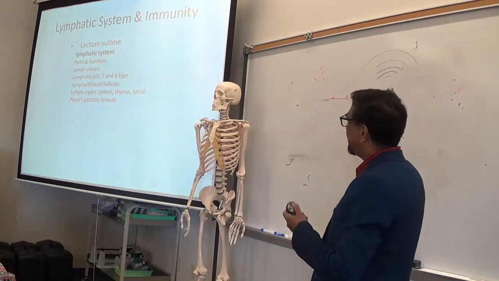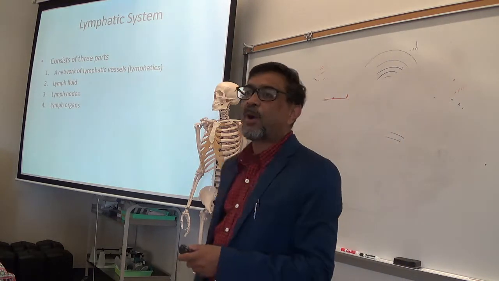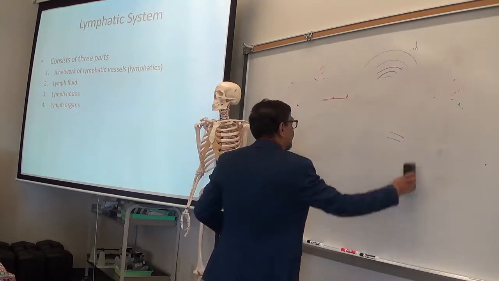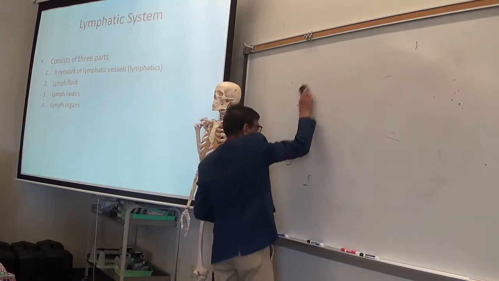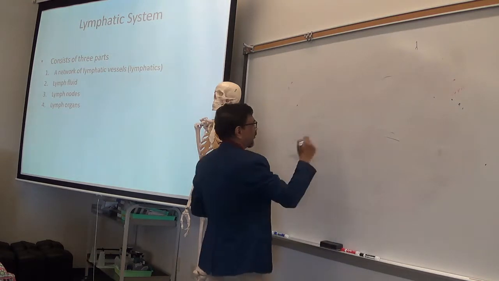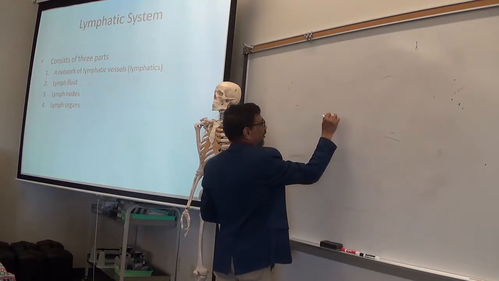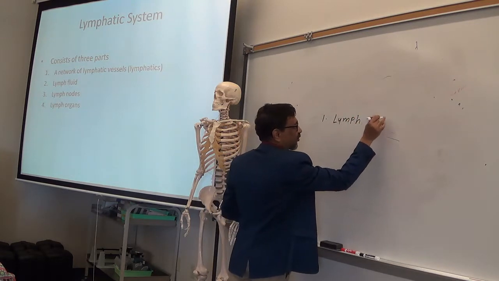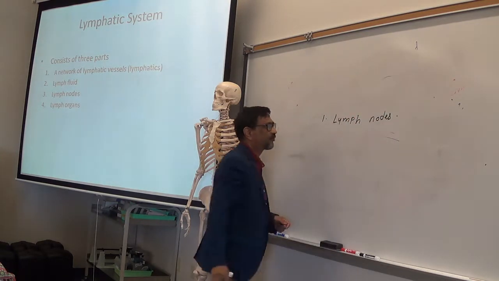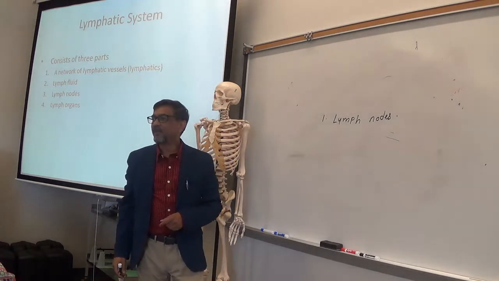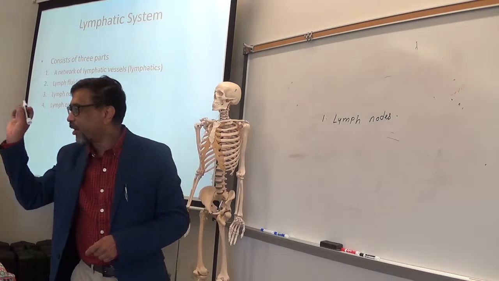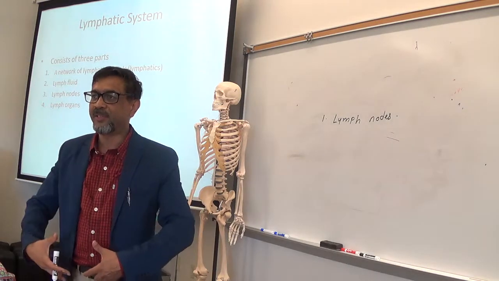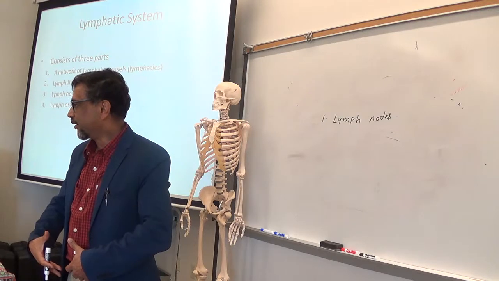So first, the parts of the lymphatic system. The lymphatic system consists of lymph nodes. Lymph nodes are small round structures widely distributed throughout the body.